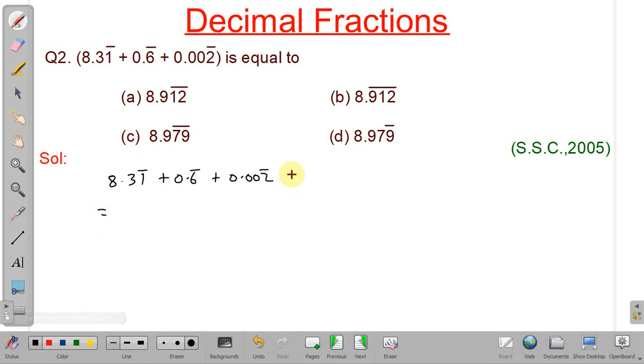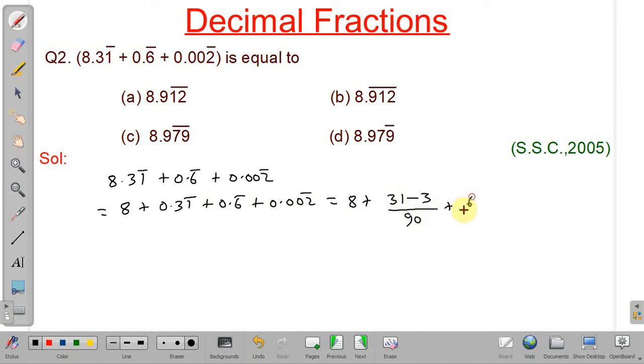So first we will separate the integers. So 8 plus 0.31 plus 0.6 plus 0.002, then it will be equal to 8 plus 31 minus 3 divided by 90. Okay, only one digit is repeating, plus 6 by 9 plus 2 by 900.